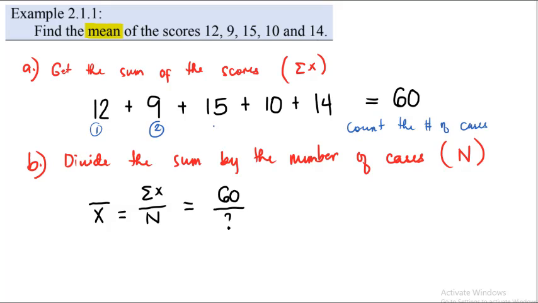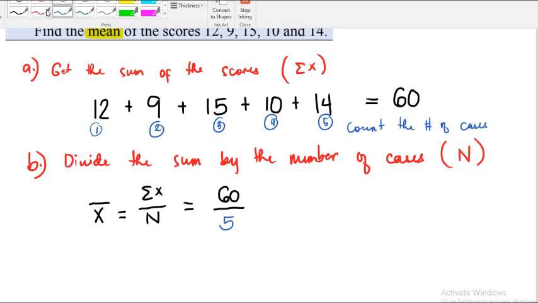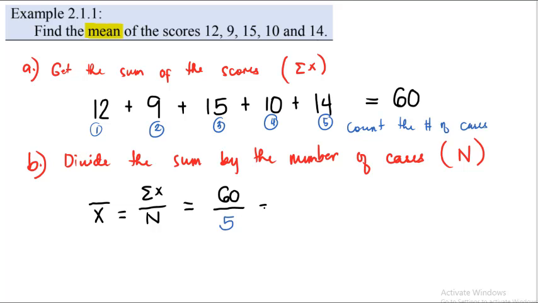We have 1, 2, 3, 4, and 5. So the value of n for us to substitute here is 5. Hence, we will obtain the value 60 divided by 5 equals 12. Therefore, the mean of the scores is 12.